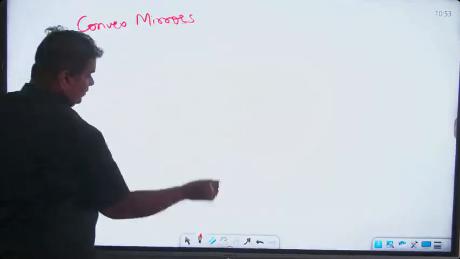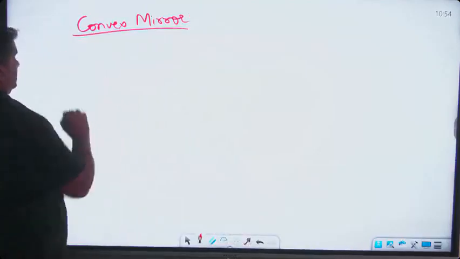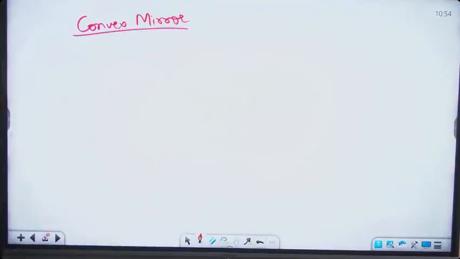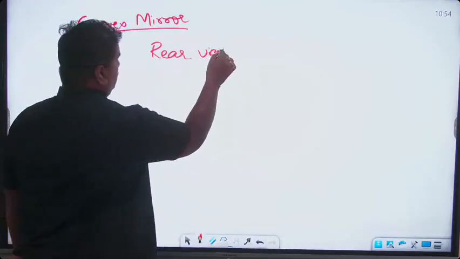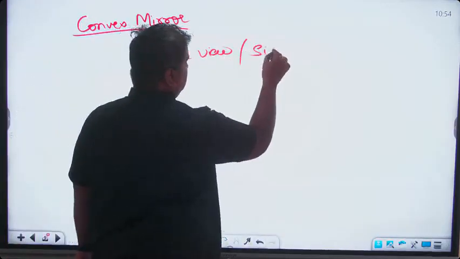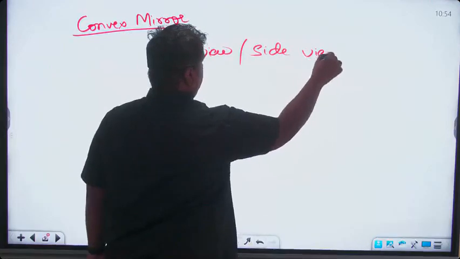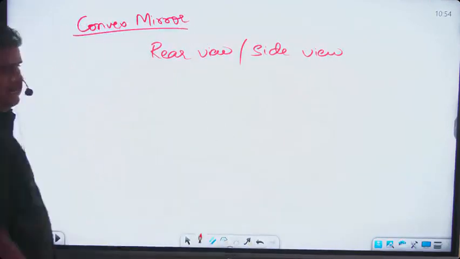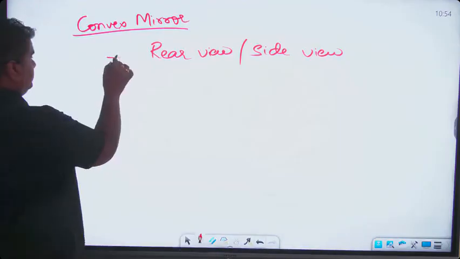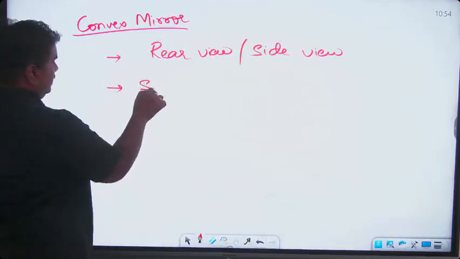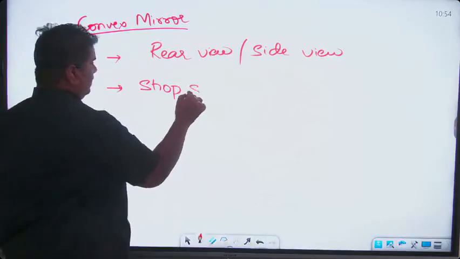Convex mirror applications or the uses. First thing, it is used as a rear view mirror or else side view mirror. Rear view లేదా side view mirror, వాహనాల పక్క అద్దము అని అంటాం.